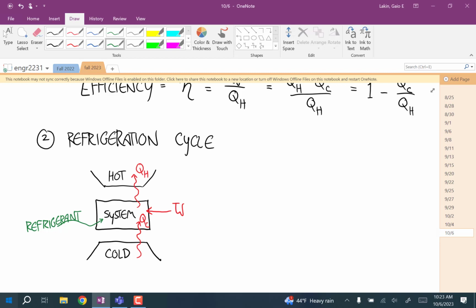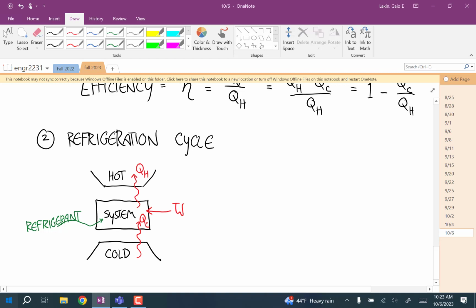When it's compressed, that refrigerant runs through the coils in the back, and because the compression has made the temperature higher, it can eject heat to the surroundings, to the room. Now that it's ejected energy to the room, the hot reservoir, it's allowed to expand again. The temperature cools down.